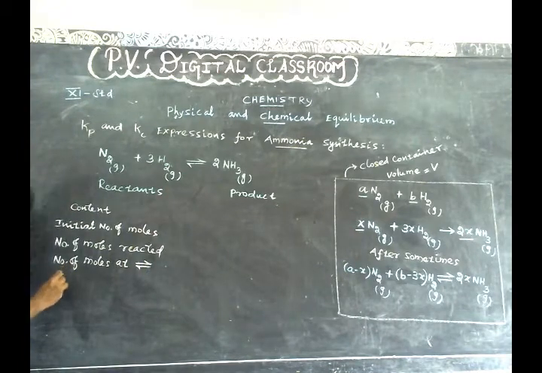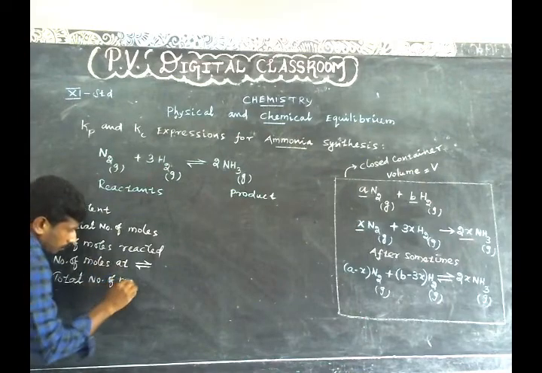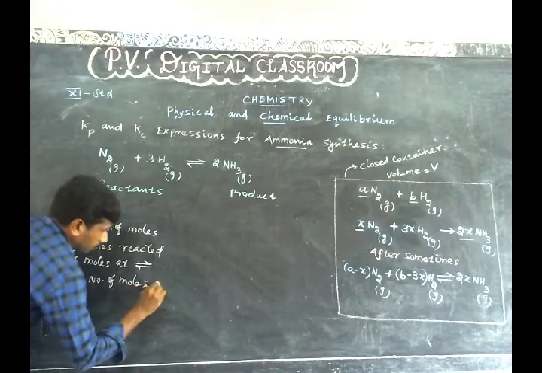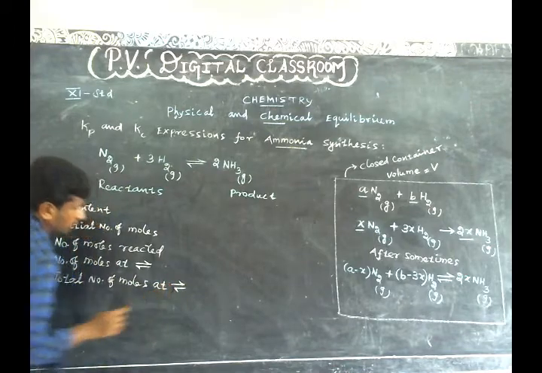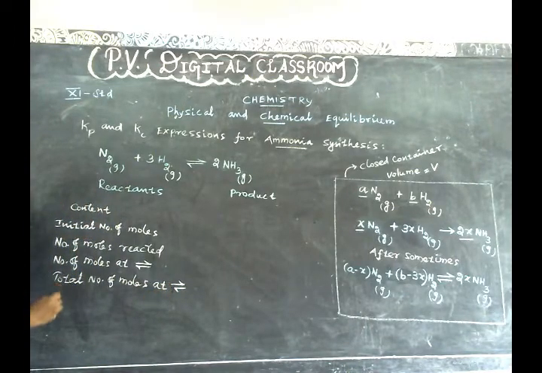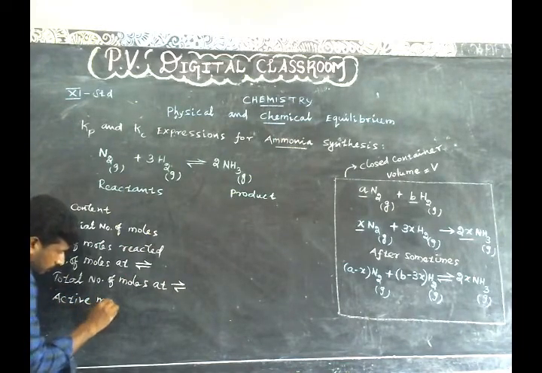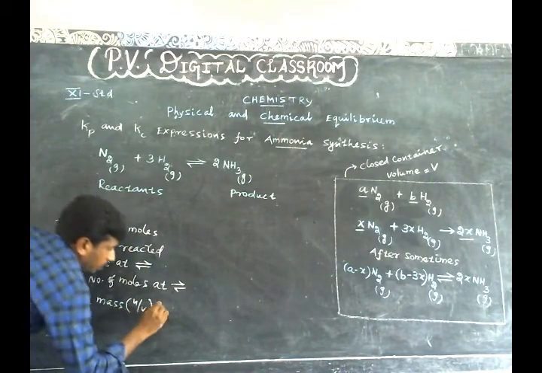Fourth one, total number of moles at equilibrium. Last one, active mass at equilibrium.